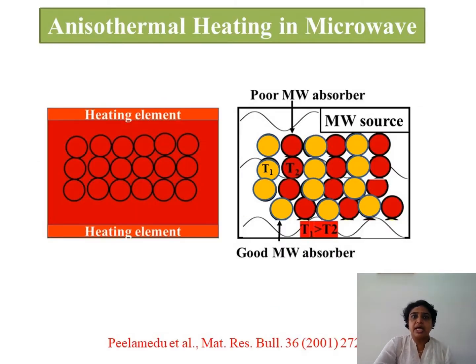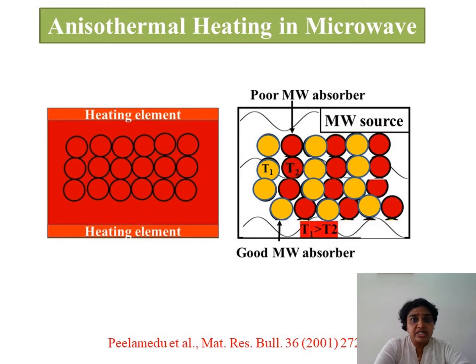Now let's come to another very interesting feature of microwave heating, that is anisothermal heating. What do we mean by anisothermal? As I mentioned, microwave heating is very material specific. Suppose your sample has two different kinds of phases or materials. One is a very good absorber.